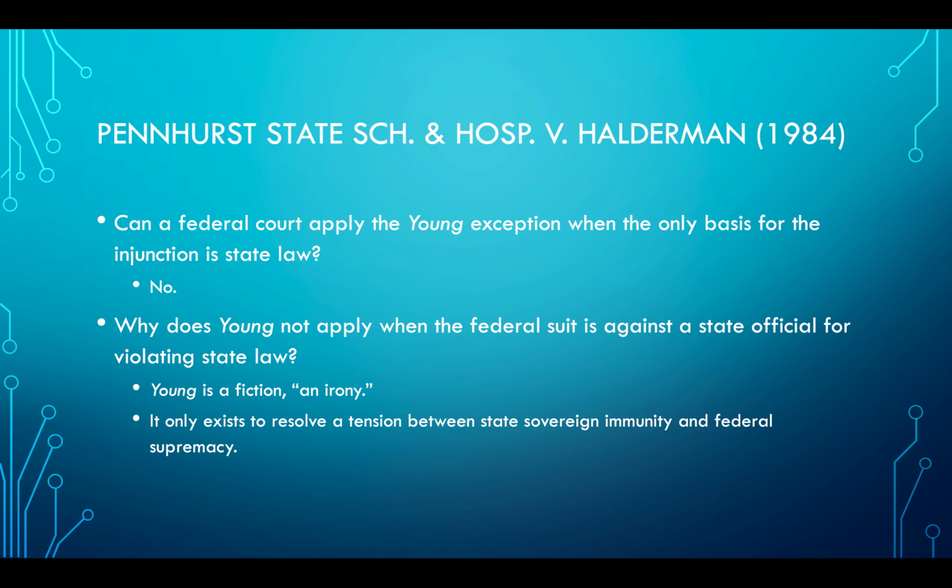Those seem to be two principles in tension, and the workaround is this Young fiction. But what the court emphasizes here is that it is a fiction and it should be kept within some bounds.